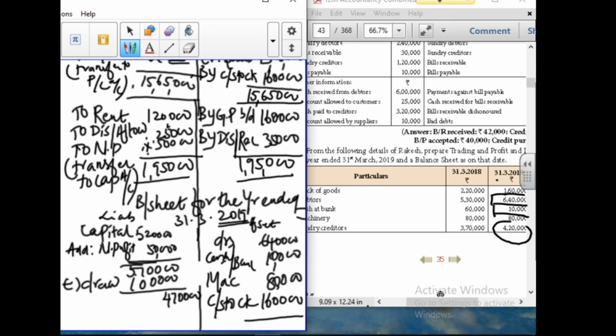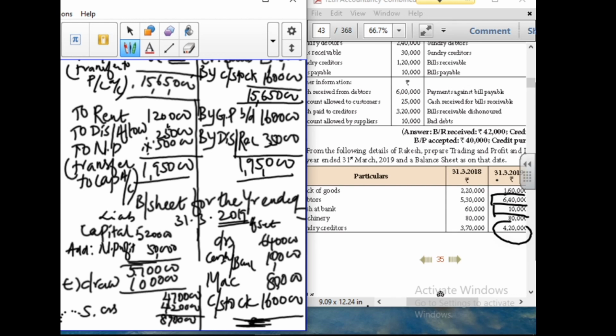Next we have to write sundry creditors. Sundry creditors is 4 lakh 20,000. Now we shall add it. So 4 lakh 70 plus 20, it comes around 8 lakh 90,000, I think, in the liability side. And in the asset side also, I think it will tally.